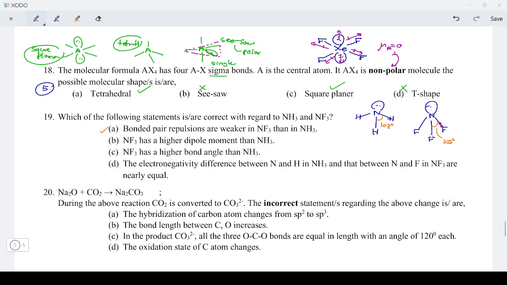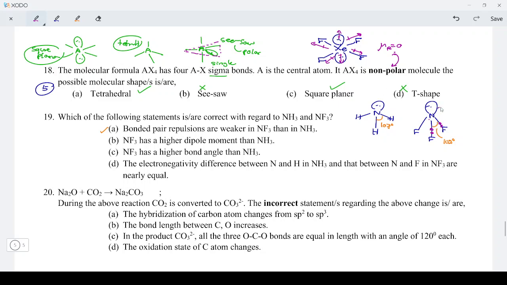So if you consider the distance among the bond pairs, it is higher for fluorine. Okay, sorry, it's the curved distance.